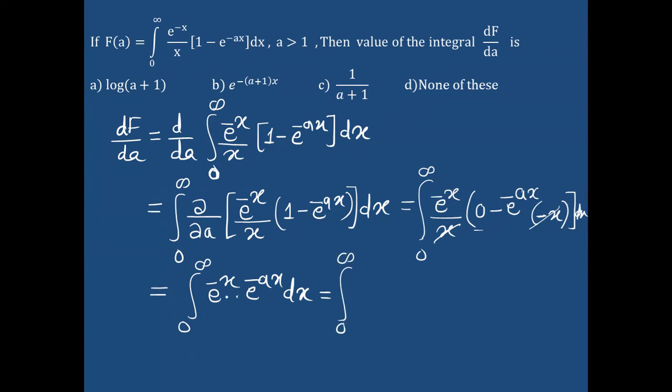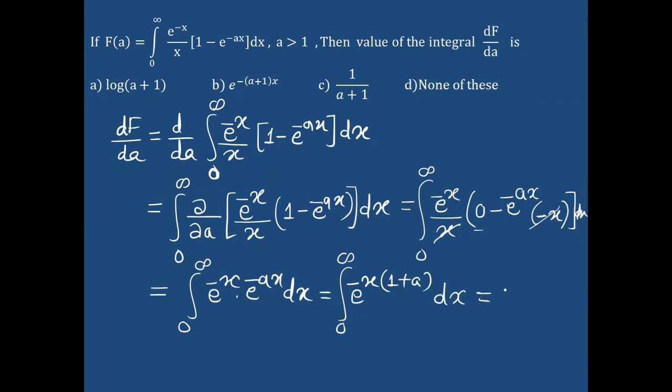As I have said many times, whenever we have the limits of integration as infinity, we always write the form e raised to power minus of the variable term. What is the variable term? x, and the rest of the things. So what will be left is 1 plus a, according to the law of indices.